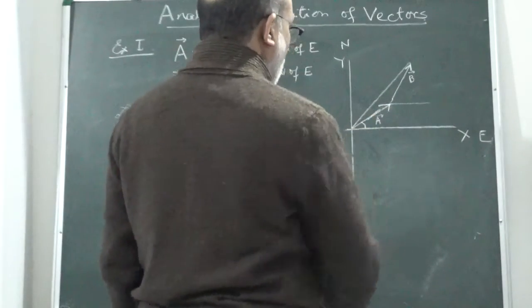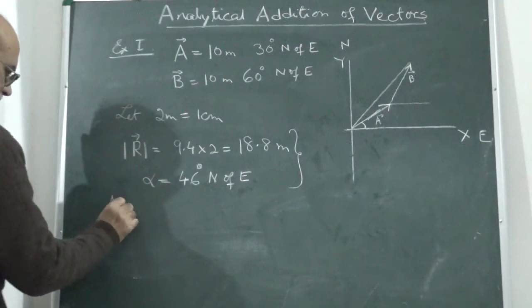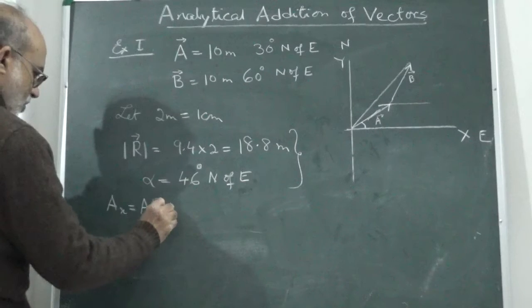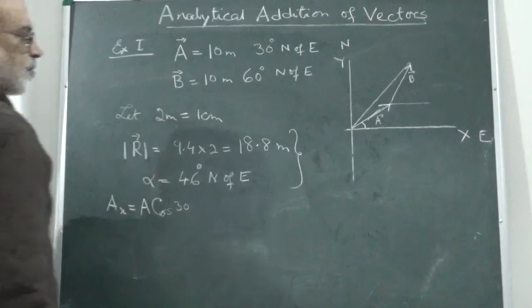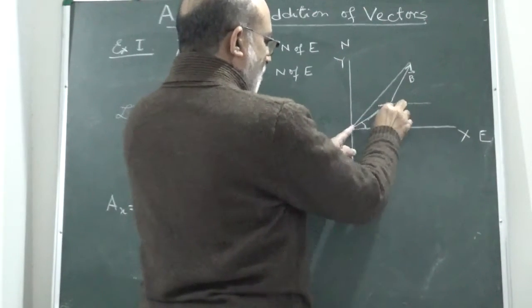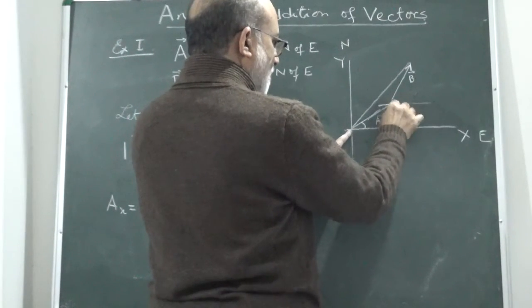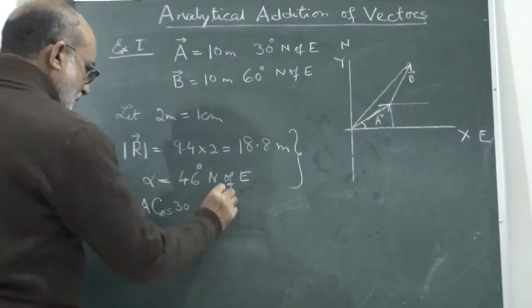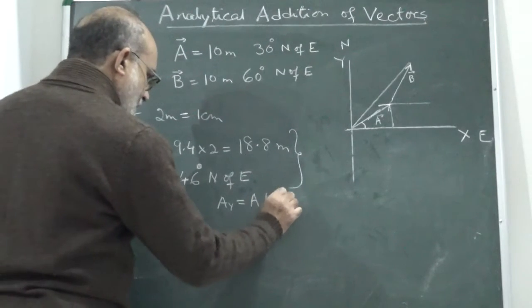So the x component of A, Ax, will be equal to A cos 30, because if this is 30 degree, it's the component of this along x. And Ay is A sin 30.